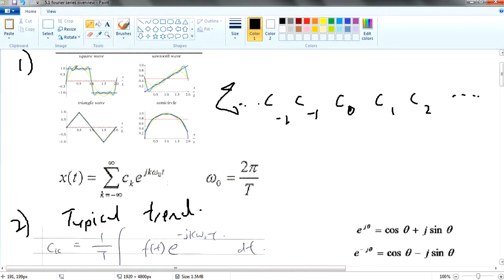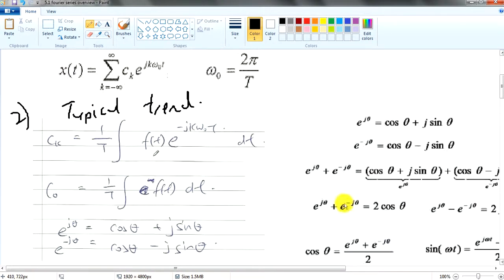So essentially you want to know it one piece by one piece, you want to get the average. So c_k and c_0 are actually the average of their individual trend.